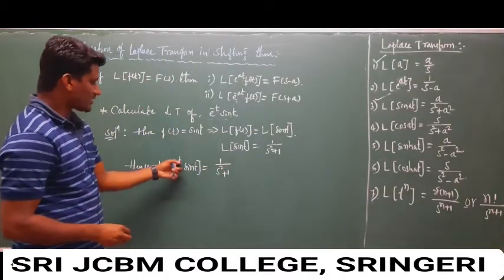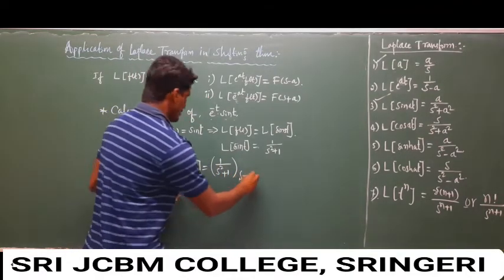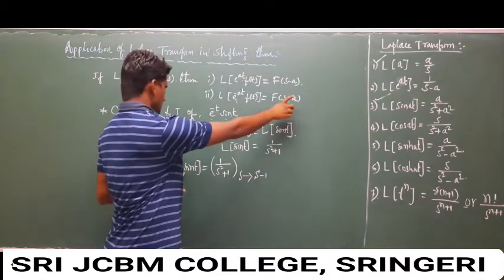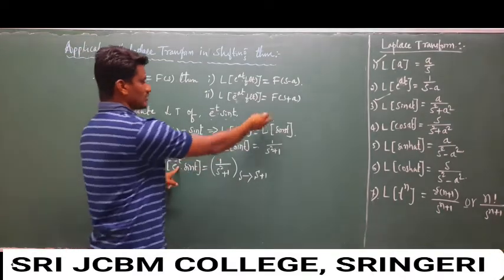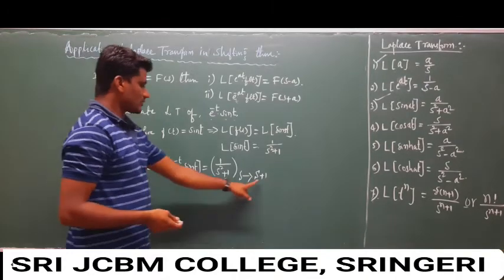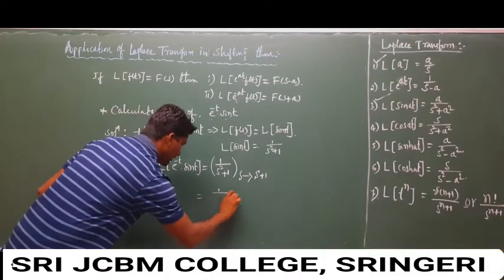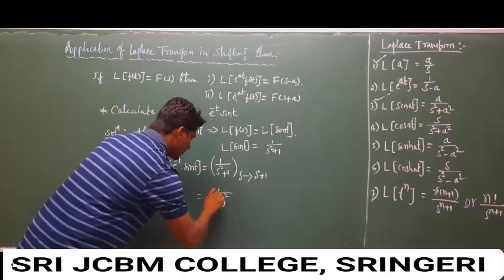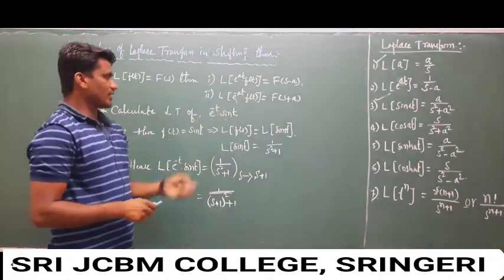Here e to the power minus t is there, so s can be changed to s plus 1, because minus is there, so in the answer we get an addition. The value of a is 1, so s changes to s plus 1, which implies 1 over (s plus 1) whole square plus 1, and this is the solution of the Laplace transform of e to the power minus t sin t.